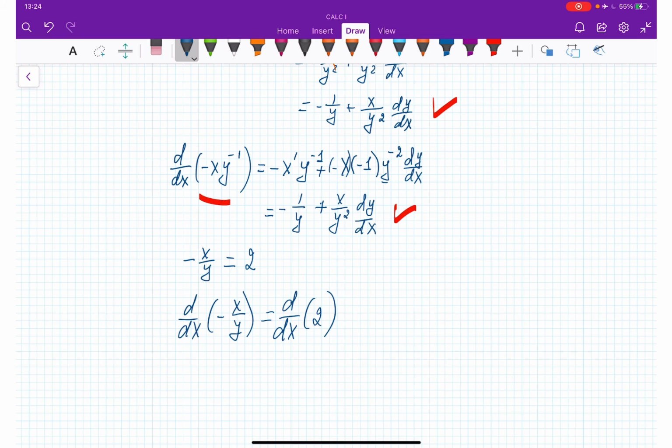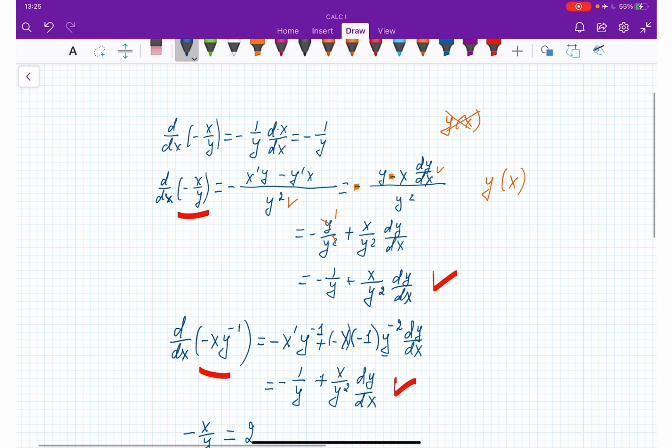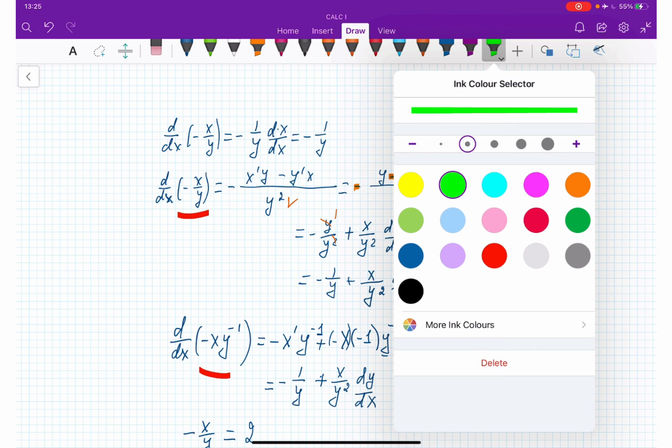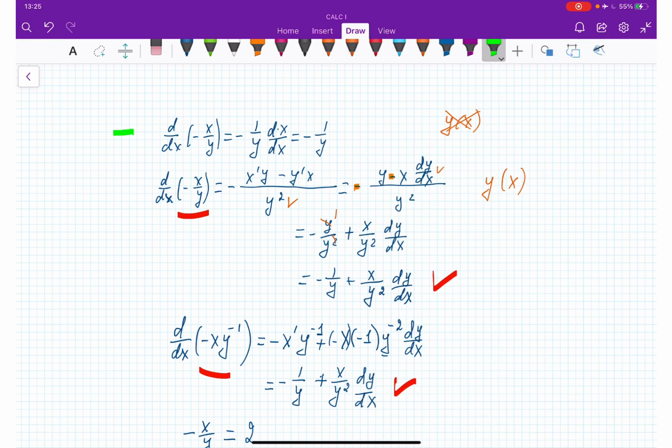So the important difference, one more time, is that to find dy by dx implicitly, we have to realize that the differentiation is taking place with respect to x.